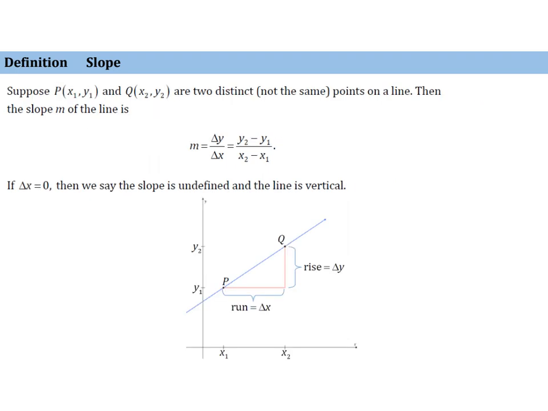So suppose for a moment that we have these 2 points, P and Q. P is the point (x1, y1), and Q is (x2, y2).